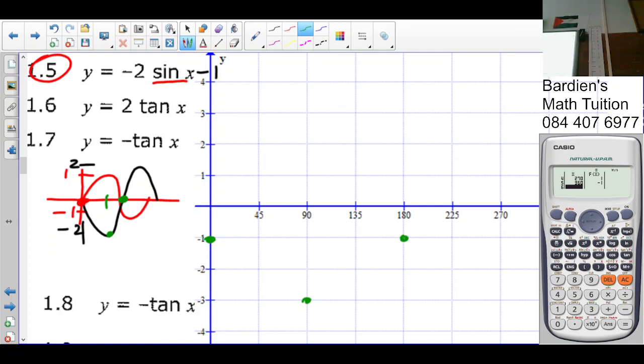This is 270 and 2, becomes 270 and 1. This is 360 and 0, becomes 360 and minus 1. There is the graph. This is what you will master as time goes on, and the more graphs you draw, you will be able to draw this without the use of a calculator.